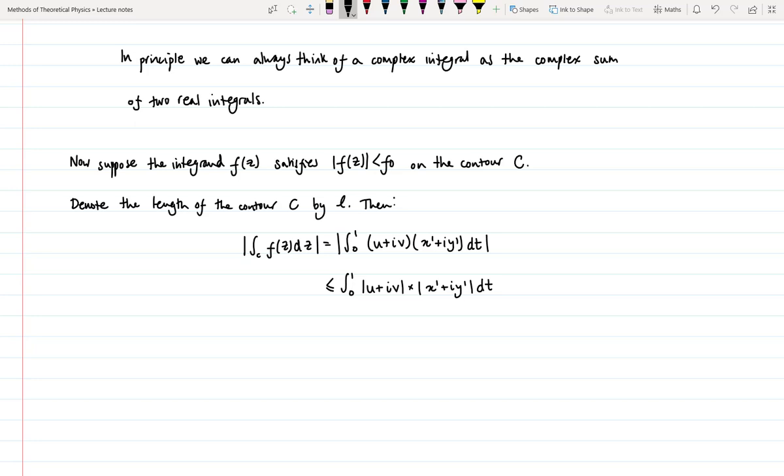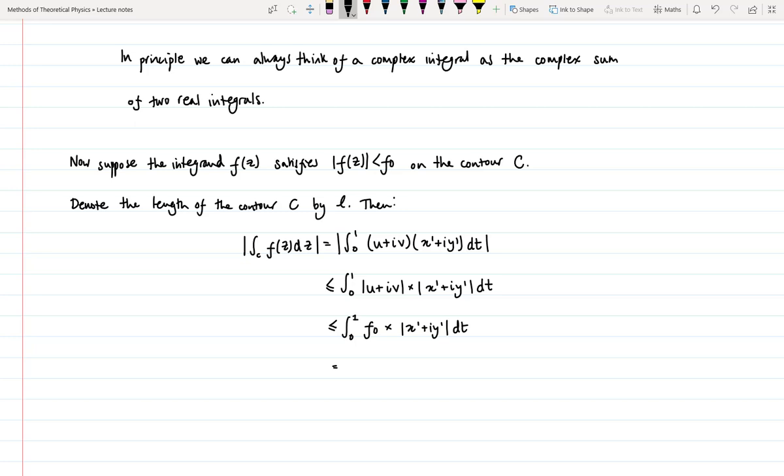We know that the complex function's magnitude is bounded by f0, and that means that we can replace the absolute value of u plus iv by the real number f0. This is now the integral between 0 and 1 of f0 times the absolute value of x primed plus i y primed dt.